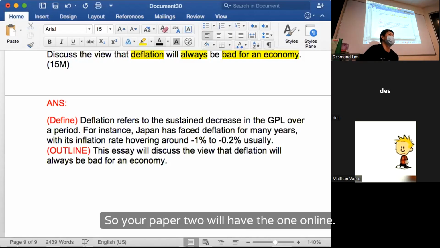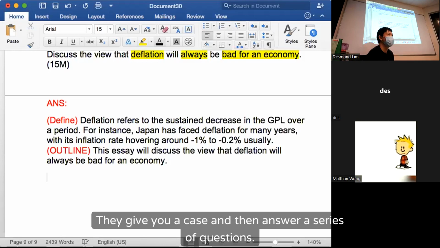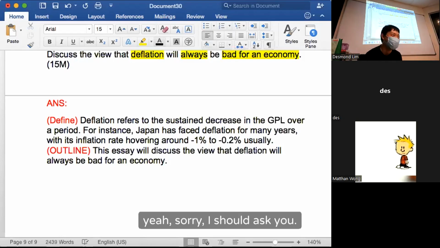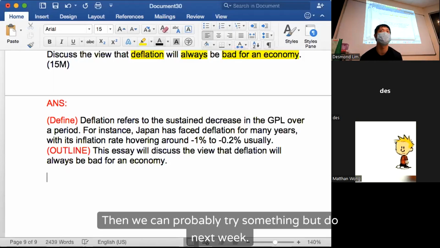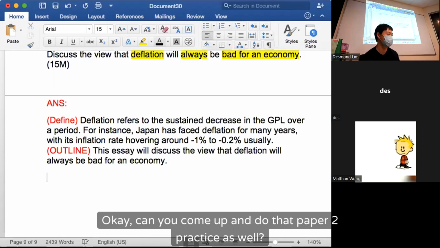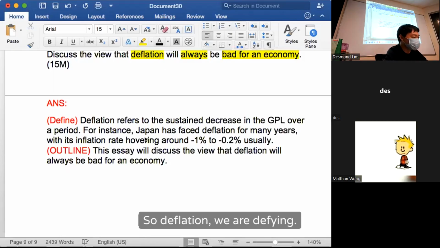So your paper 2 will also have the one where they give you a case and then you answer a series of questions. That means all the papers will be tested, all the different formats. Then we can probably try some paper 2 next week. So you come, we'll do paper 2 practice as well. So deflation we have defined.